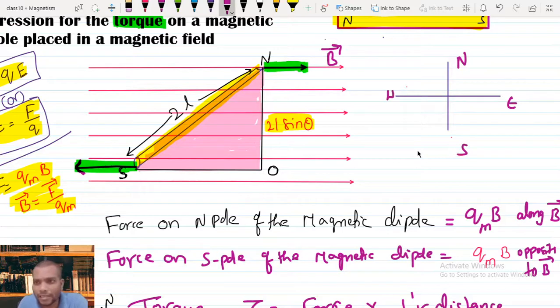If the magnetic field is along the east direction and the magnetic moment, which is always from south to north, is along the northeast direction, where is the torque direction?